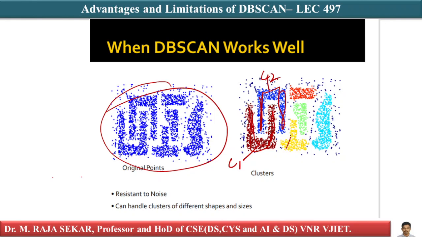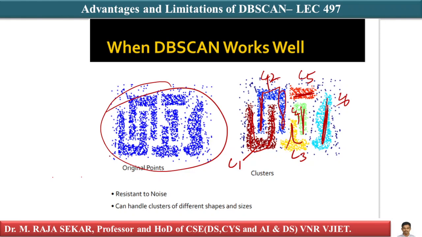These points as third cluster. These points as fourth cluster. These points, I can say, is a fifth cluster. This one is sixth cluster. And the rest of these blue points are noisy points or noise points.